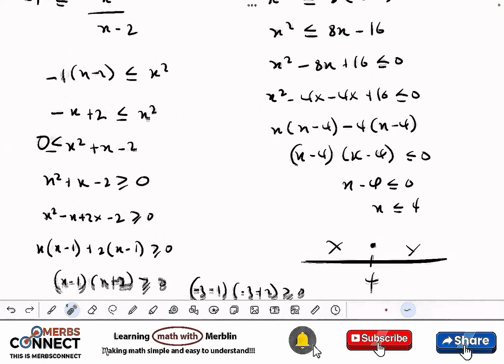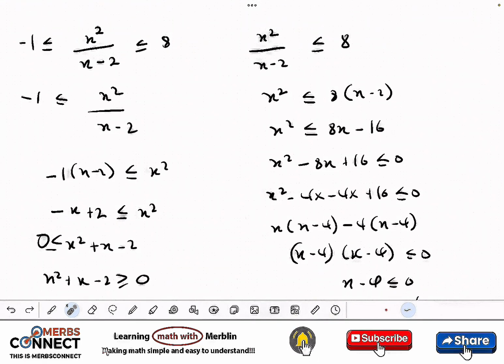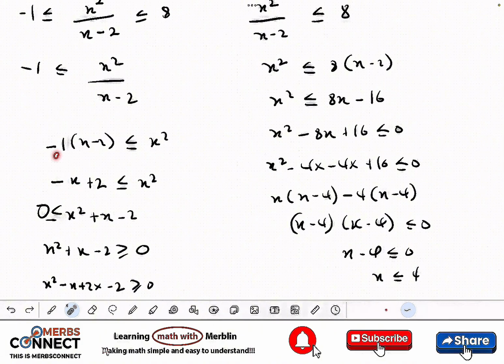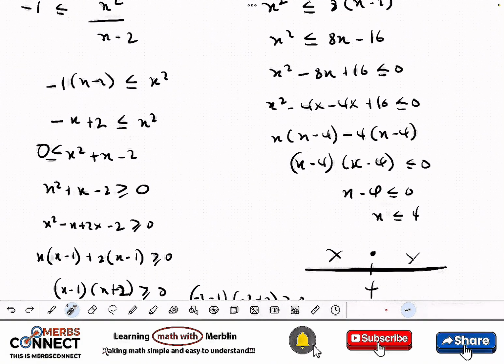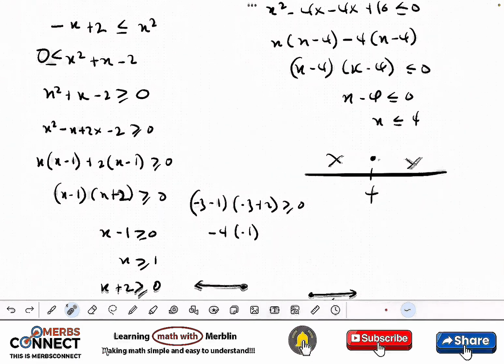That's what I want to check. So minus 1 minus positive, and then x squared here, move positive 2. This is greater than 0. Good. So everything here is right.